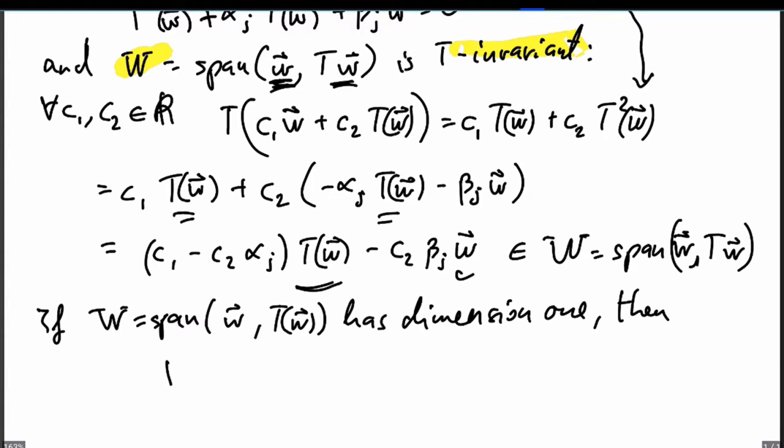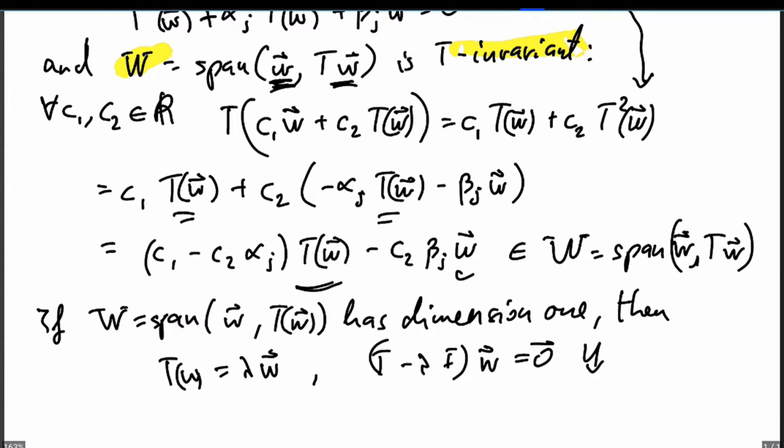So that means that t w could be written as a scalar multiple of the other vector, but that would mean a linear factor, which means that t minus lambda I applied to w equals the zero vector.